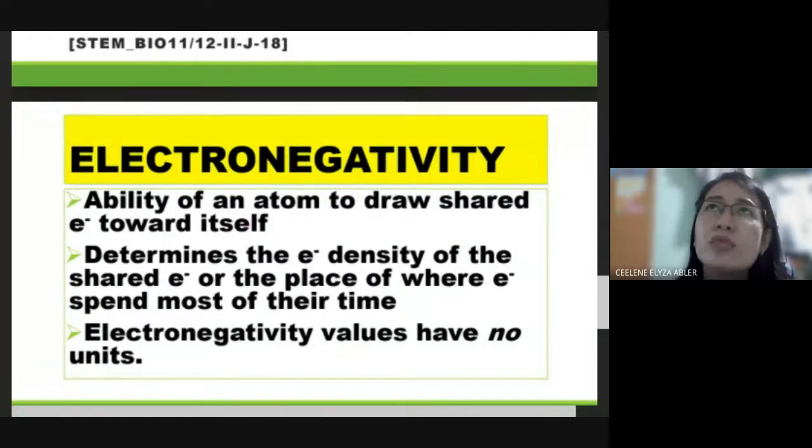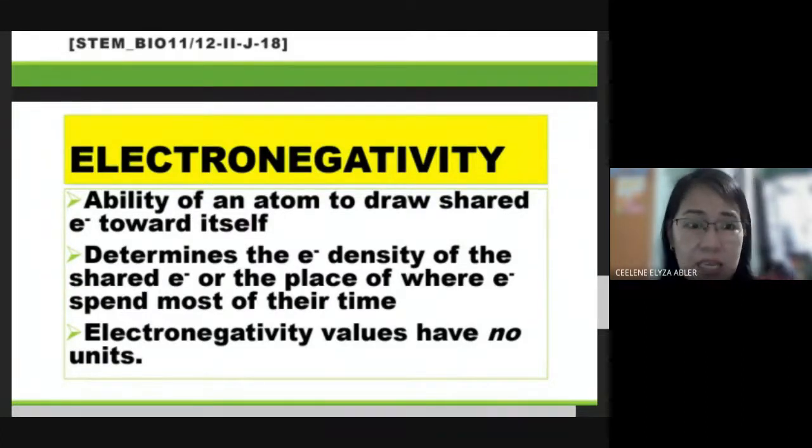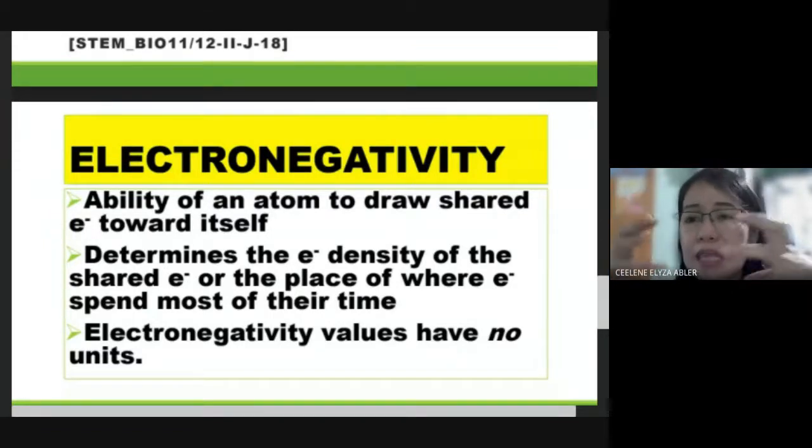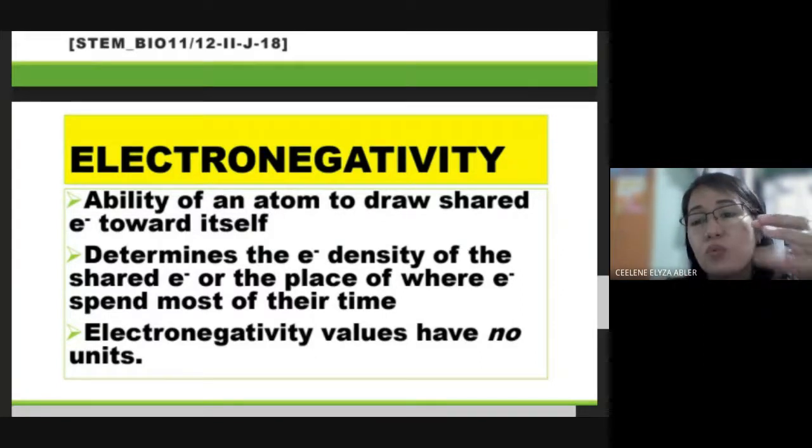Okay, ma'am, what is electronegativity? Electronegativity refers to how an atom can draw the electron towards itself. So, parang the higher your electronegativity is, the more attractive you are. So, para siyang attraction level ng isang atom.